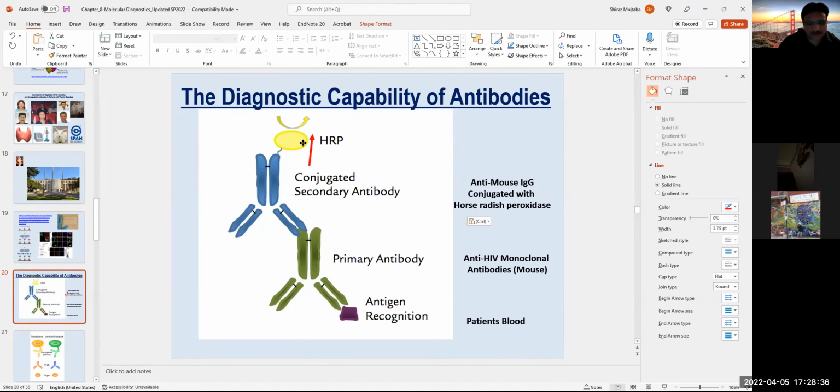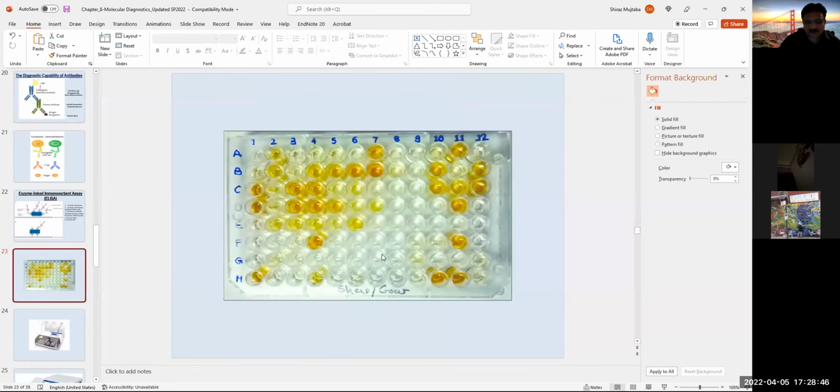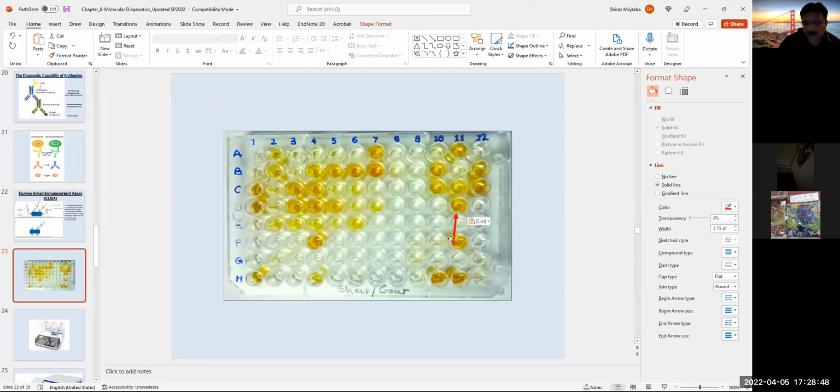Enzymes can act on a substrate and make a product, right? That's the definition of an enzyme. So when this circuit is complete, if I have antibody to COVID-19 spike protein, then the well of the ELISA plate will show color. Where does this color come from? This color comes when the HRP on the secondary antibody reacts.